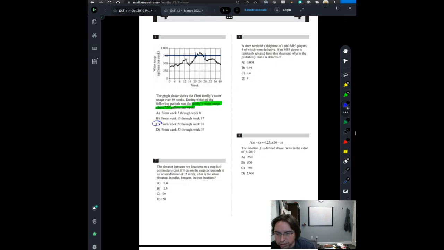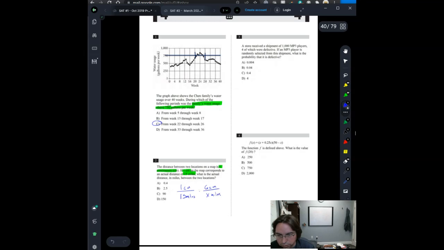Okay, number 2. The distance between two locations on the map is 6 centimeters. If 1 centimeter on the map corresponds to an actual distance of 15 miles, what is the distance in miles between the two locations? This is just a ratio and proportion. 1 centimeter corresponds to 15 miles, and we have 6 centimeters and want to figure out x miles.